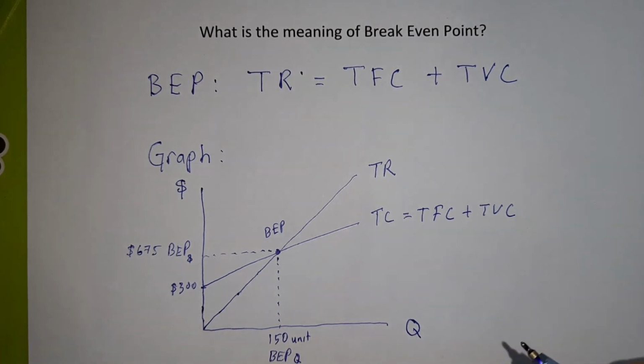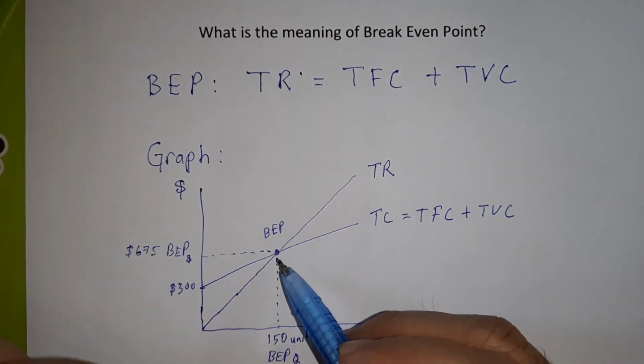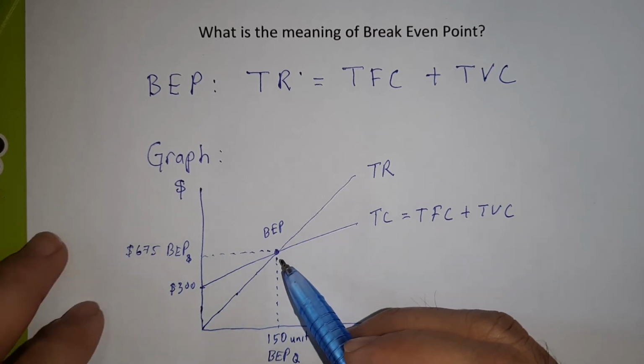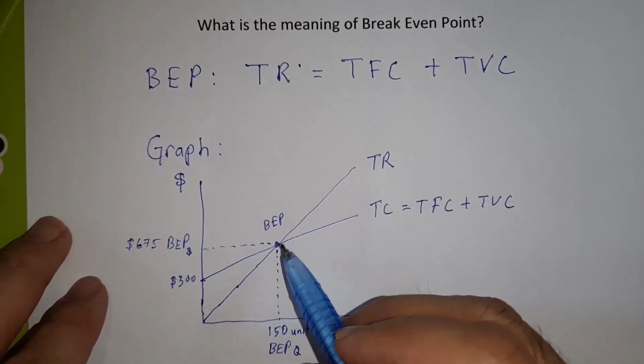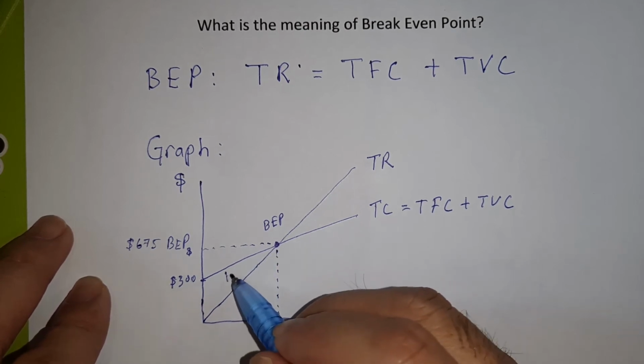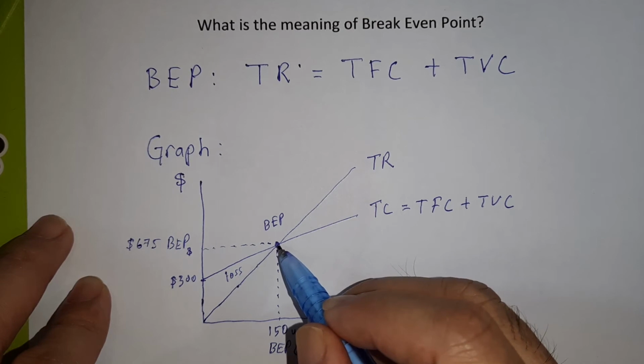For a businessman, most of the time, break-even point is the first point that they want to achieve, because before the break-even point, the business is making a loss. Why is the business making a loss before the break-even point?